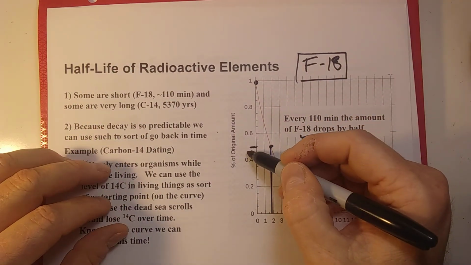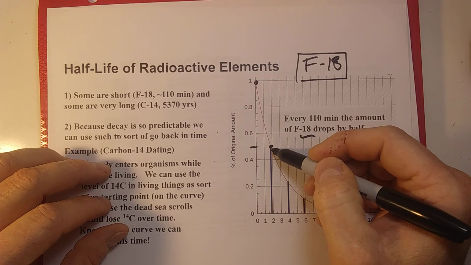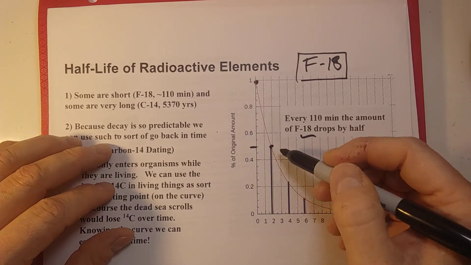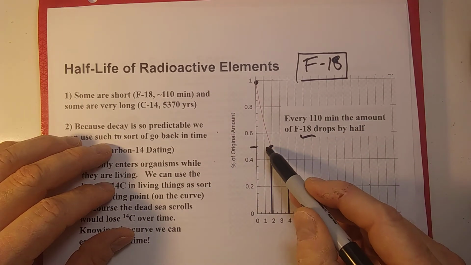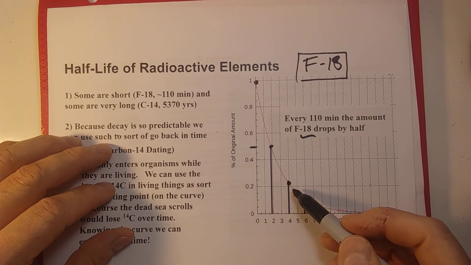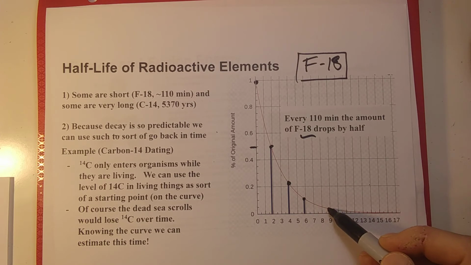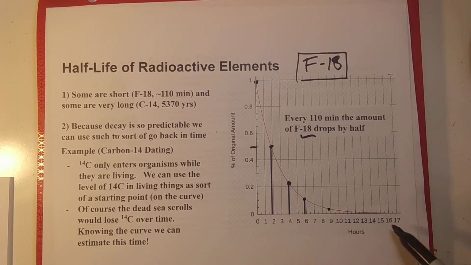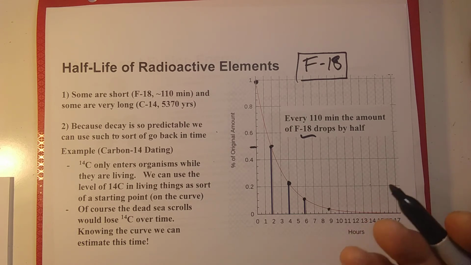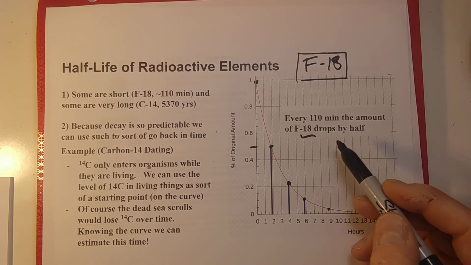It's at 50% at 1.5 hours roughly. So we can do the same thing. It's going to be at half of that, about 0.25 in another hour and a half, and then you just keep on going. So of course it has this drop where it's not linear, but you get down to low amounts pretty quickly with fluorine-18.